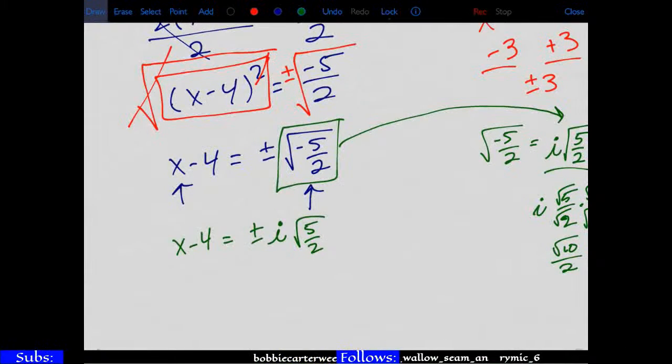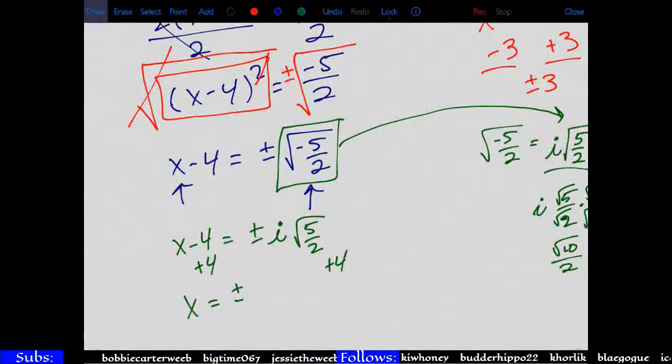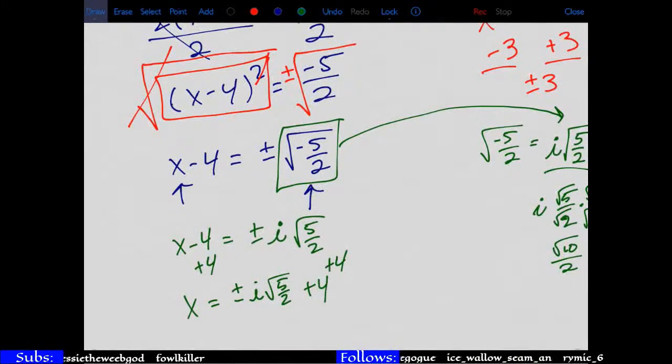Last step is to get our x alone. To get our x alone, we just need to add 4 to both sides, which can be written like this. x equals plus or minus i root 5 over 2 plus 4.